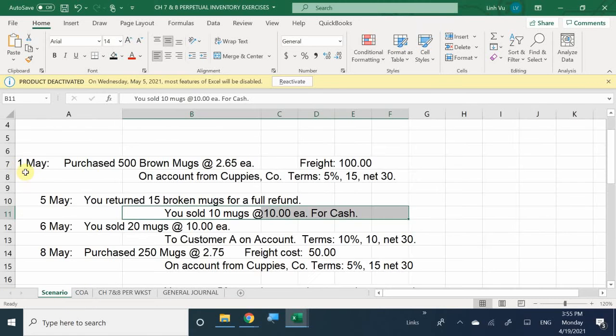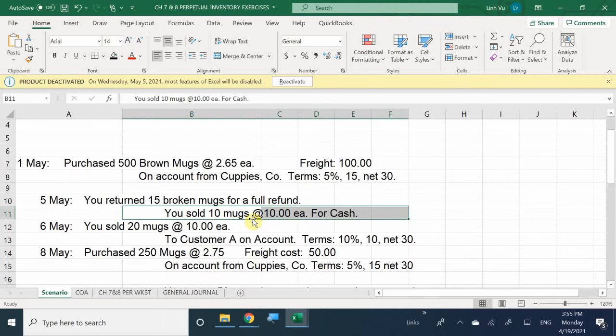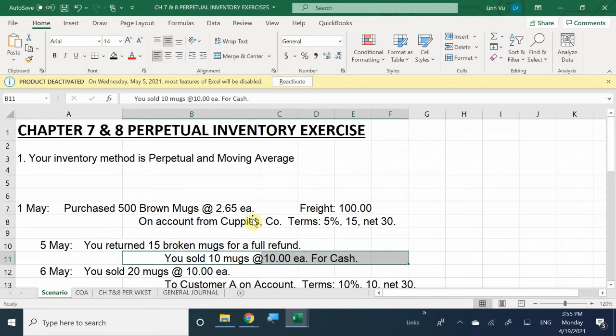What's the main transaction here? If I sold 10 mugs at $10 each for cash, accounts payable? Not accounts payable, cash. We sold it for cash. 102. We need cash for 102.